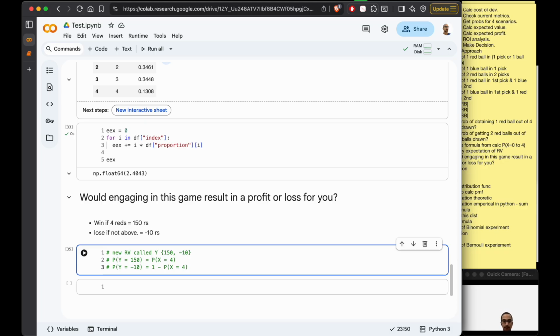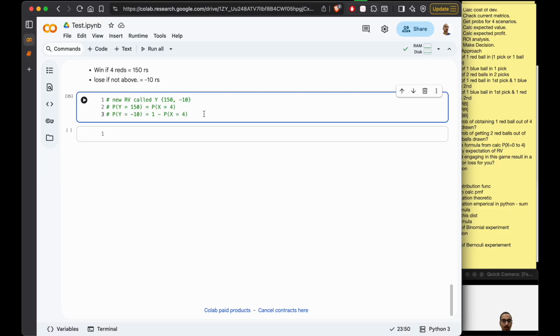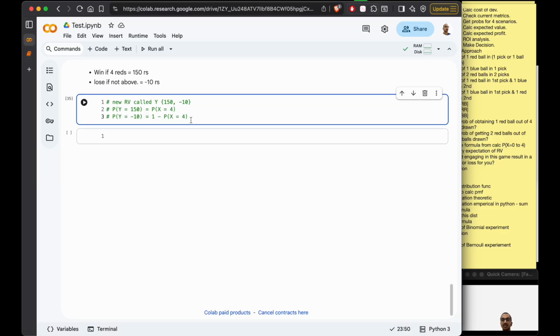That's the name of the game here. If all 4 times the red ball is drawn, you win 150, otherwise you lose. So we just have to calculate the expected value from these probabilities.